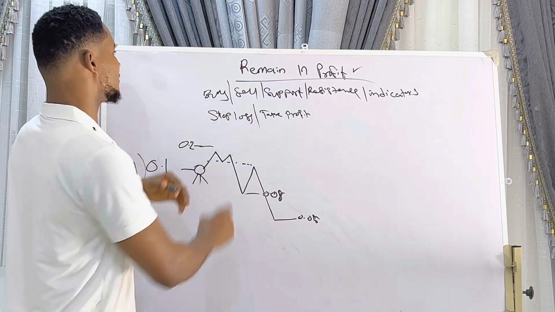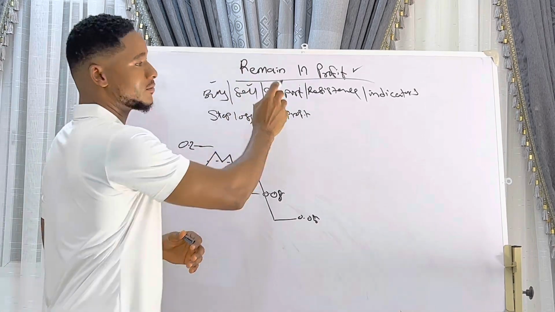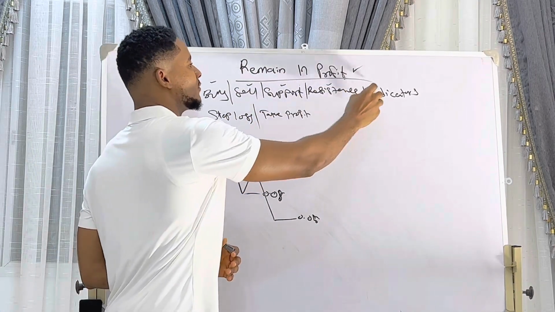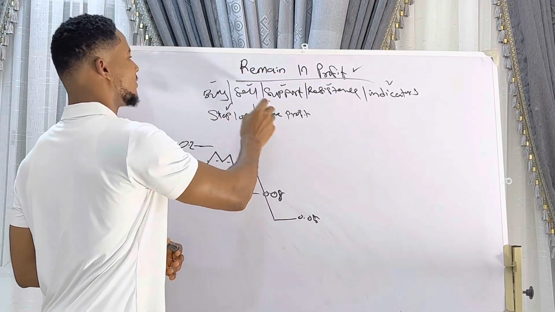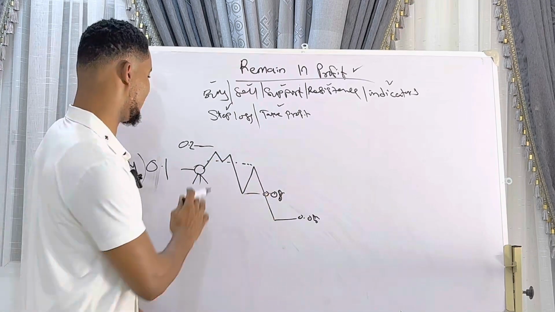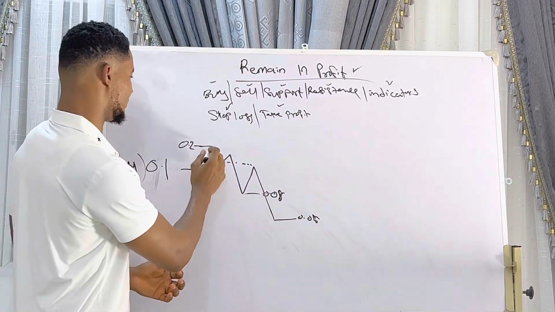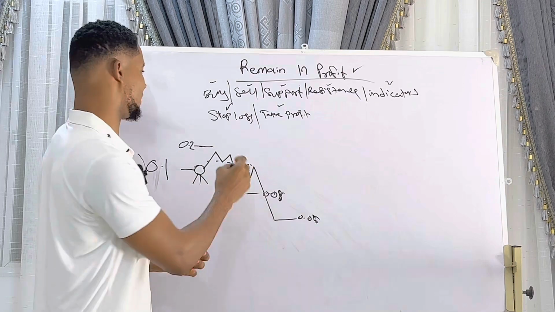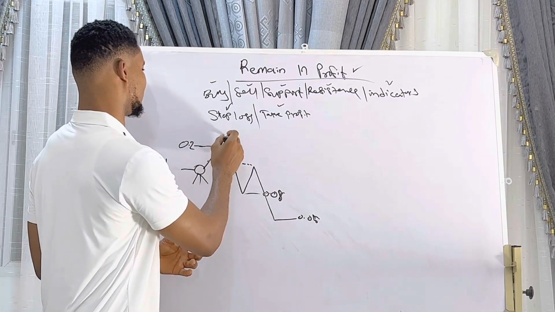Yes, you should also know this. You already know your support level, you know your indicators, you know how to do the stop loss and take profits, and here you said take profit for me, let's say at 0.3.